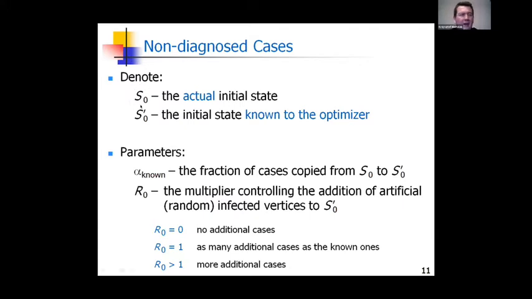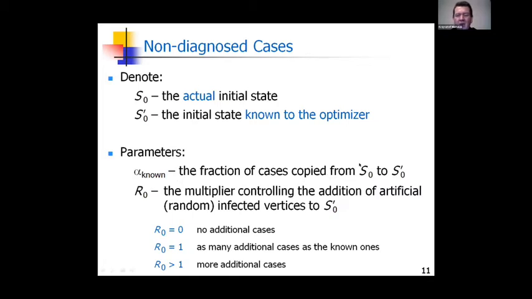So we have the initial state, which is here, the actual one, and we have the initial state which is made known to the optimizer. They of course differ, and this difference is controlled by the parameters which you see in the slide. So we only make a fraction of the original cases known to the optimizer.